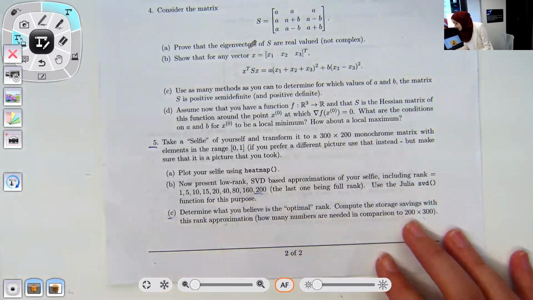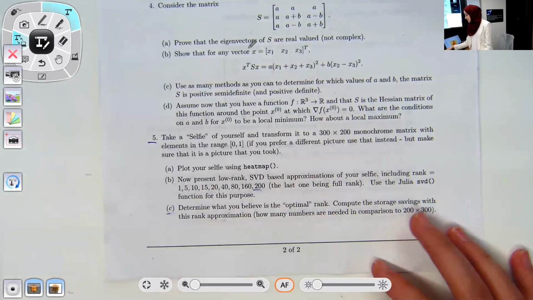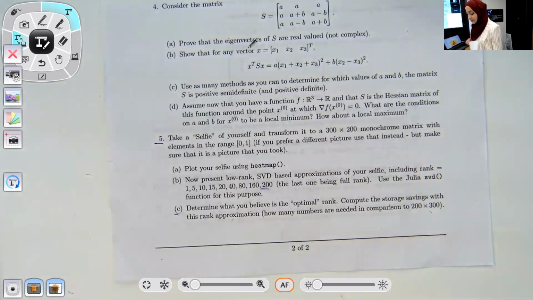Use the Julia SVD function for this purpose. SVD means singular value decomposition.